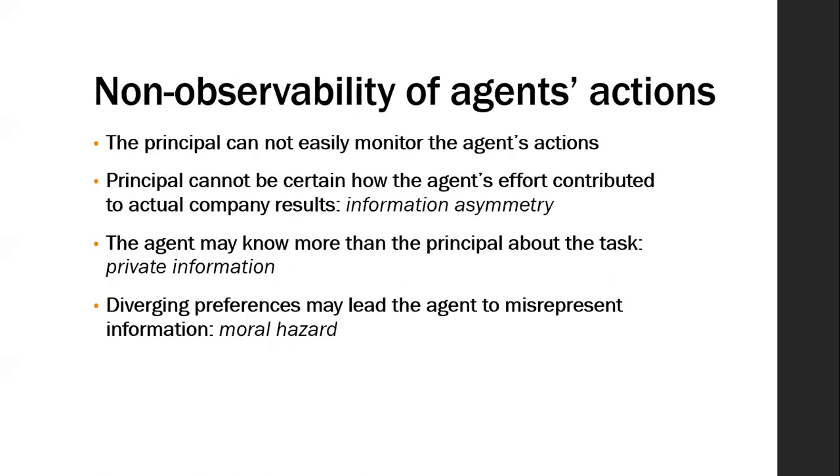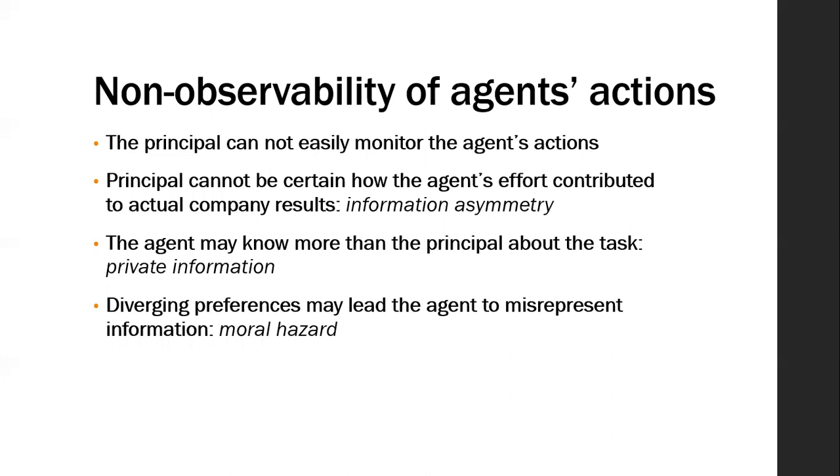Another issue with respect to the design of incentives is the non-observability of agents' actions. There's information asymmetry between the principal and the agent. The principal cannot easily monitor the agent's actions. Why? The principal is the shareholder. Is the shareholder in the office every day? No. Can shareholders look into the details of the operations?